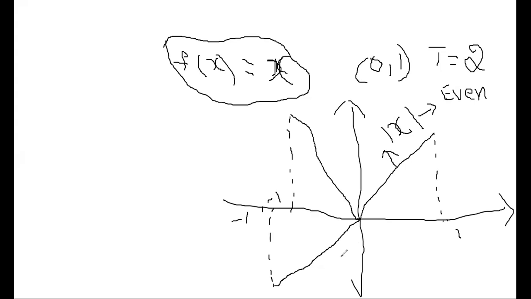If you take it about the origin, this curve is nothing but y equals x only. Is it right? Y equals x means it is an odd function. It is a polynomial with odd power, so definitely it will be an odd function.